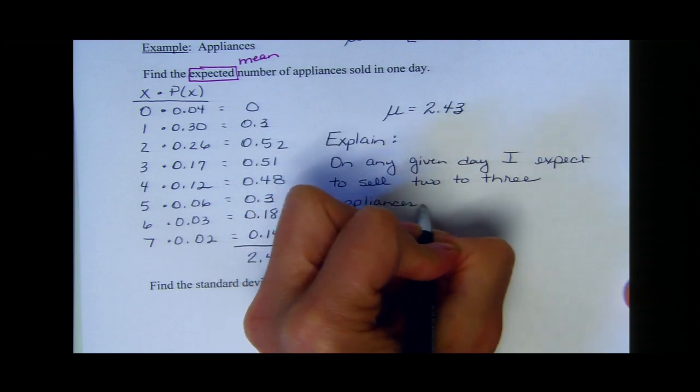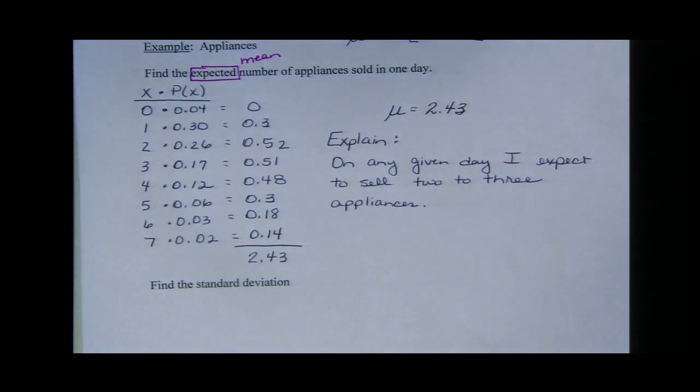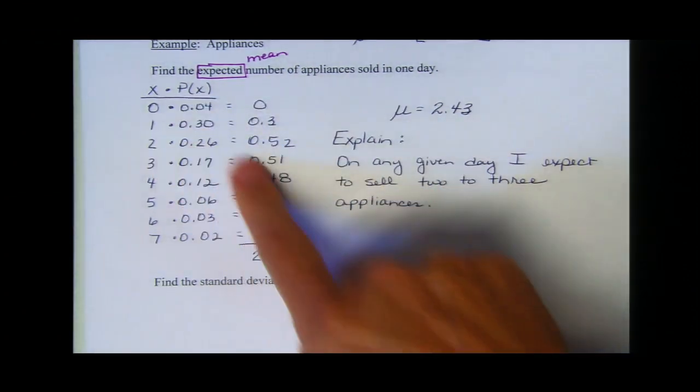Again, on WebAssign, it's probably going to ask what is the mean, and you'll put 2.43. But if you were asked to explain your answer, then you would give something similar to this. So that involves some calculations.